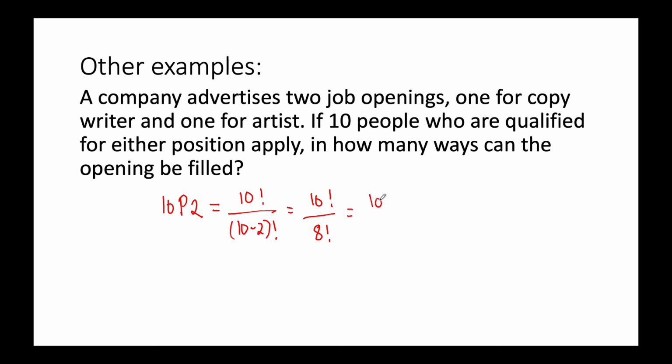So that's 10 times 9 times 8 factorial all over 8 factorial. Cancel. So we will have 90 ways. Alright. So there are 90 ways to have this particular opening be filled out of 10 people who are qualified in those positions. So that's it for our linear permutations part 1.